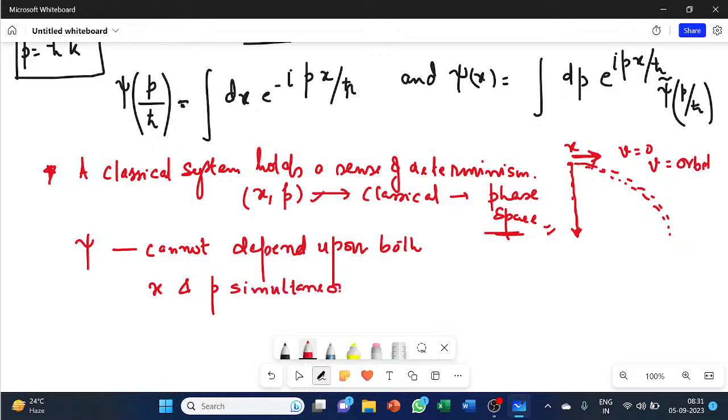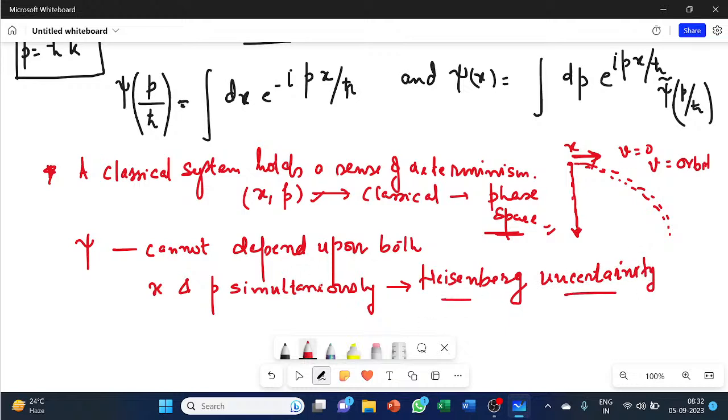Why? Because of a very inherent uncertainty around it, which is known as the Heisenberg uncertainty. This we are going to see later on, but understand that psi cannot simultaneously depend upon x and p.